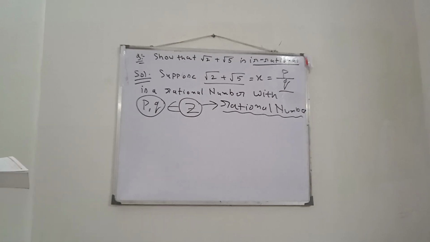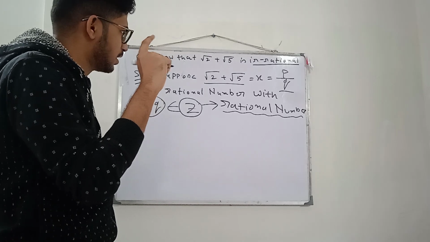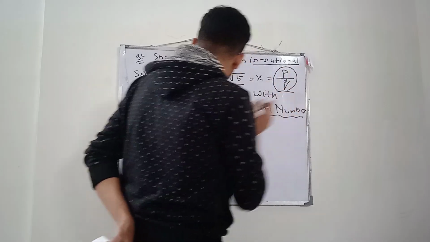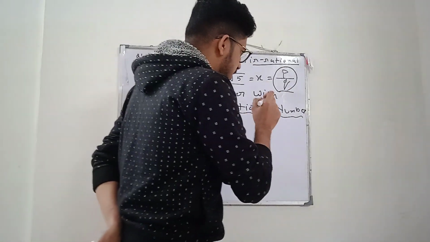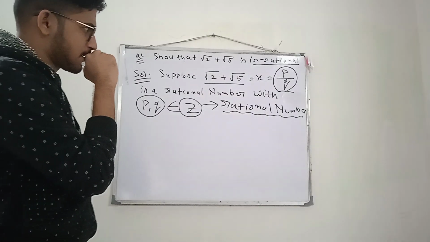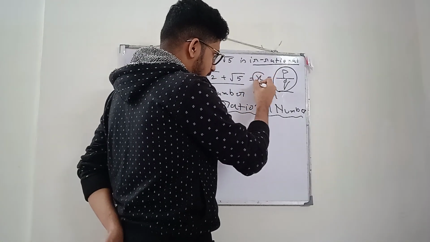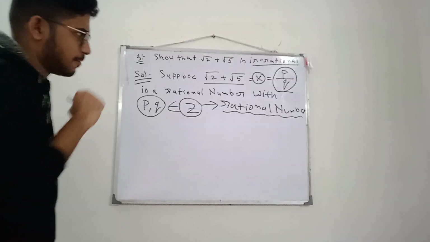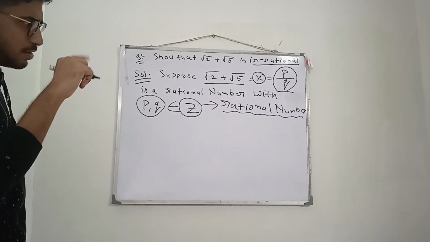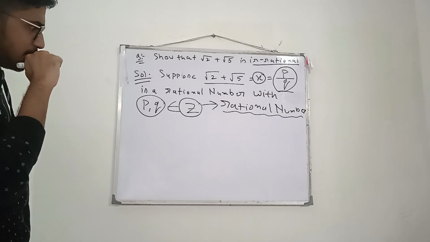Now, one second. These are two rational numbers, p by q and x, in a dividing position.